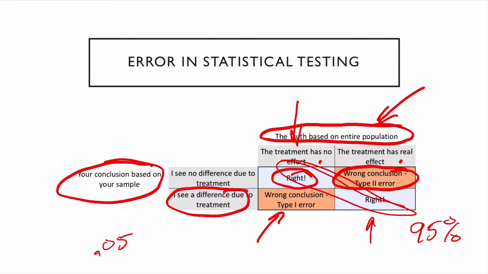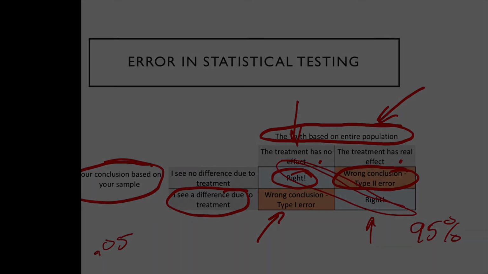But if I see 3, 4, 5 studies that all show similar types of results, now I get more and more confident. So errors can occur even if the study is done completely correctly, because there's always that chance that, again, our measurements were somewhat off or something.